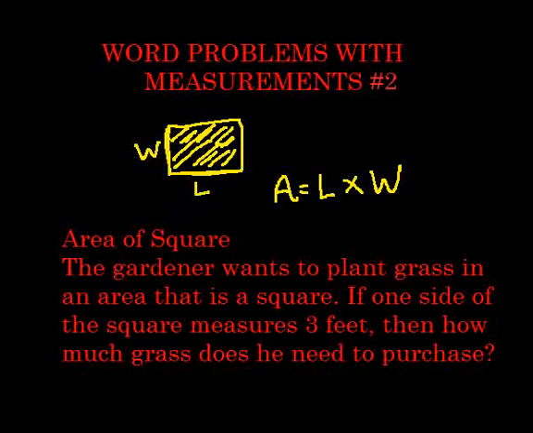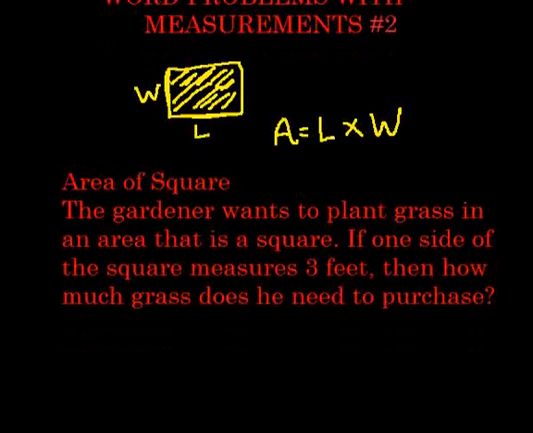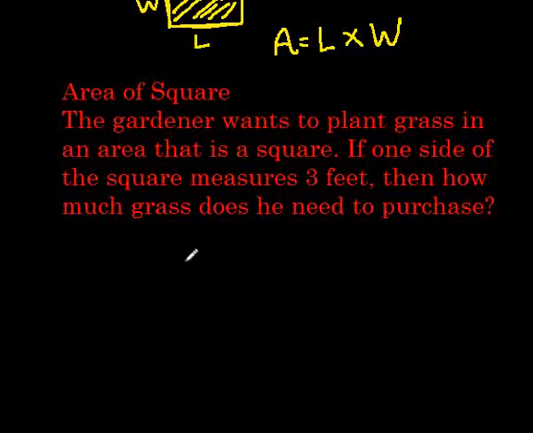So let's take a look at the first example. The gardener wants to plant grass in an area that is a square. If one side of the square measures 3 feet, then how much grass does he need to purchase? Let's draw that scenario. This time it's a square, not a rectangle. One side is 3 feet.